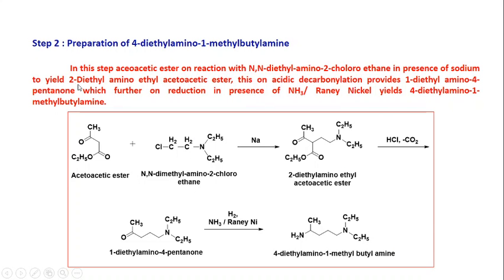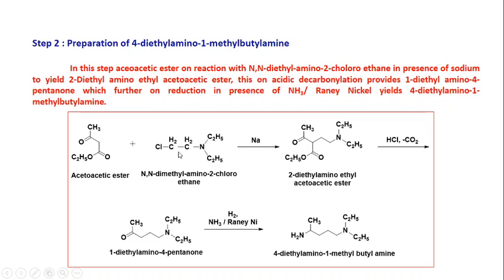Then the second step in the synthesis is preparation of 4-diethylamino-1-methylbutylamine. This is a bit lengthy process in the synthesis of chloroquine, with more steps involved in the preparation of this second fragment of the molecule. What is going on in this synthesis is that acetoacetic ester is treated with N,N-diethylamino chloroethane.